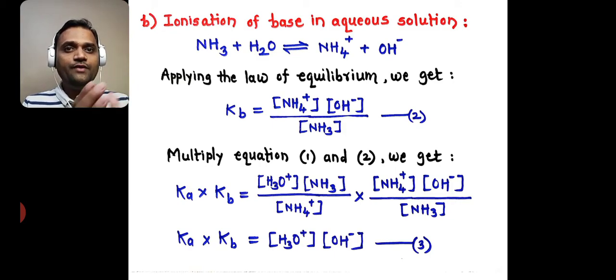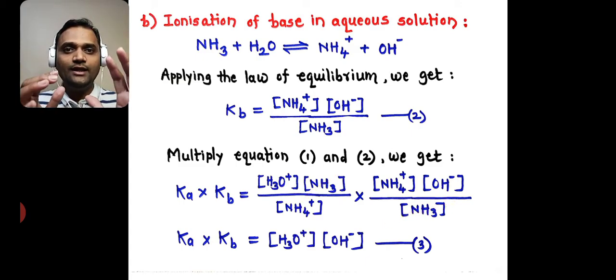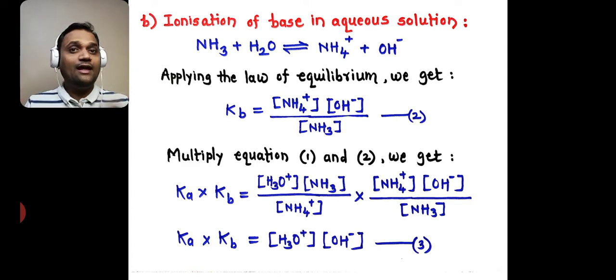Here there is NH4 plus and here also NH4 plus, so they get cancelled. Then NH3 here and NH3 here also get cancelled. So what remains is only the molar concentration of H3O plus and the molar concentration of OH minus. All other terms get cancelled.